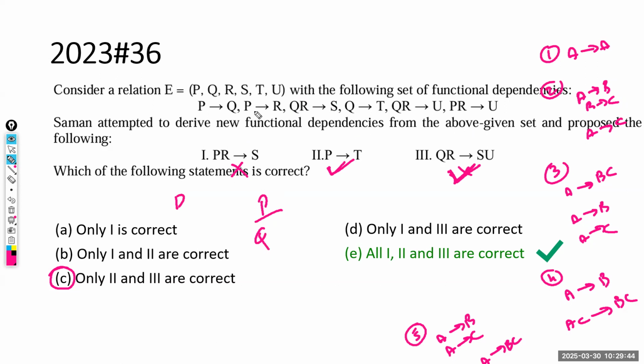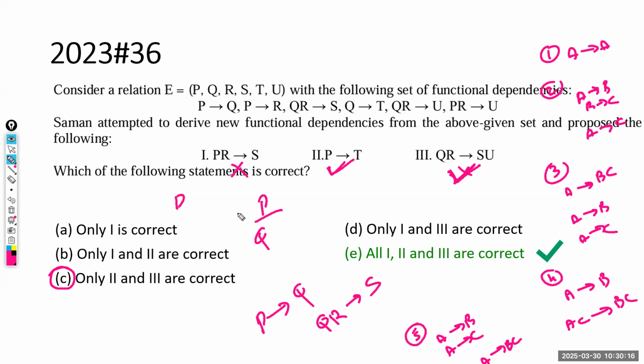And QR determines, now remember P determines Q. Then Q and R determines S. P determines Q, Q and R determines S.